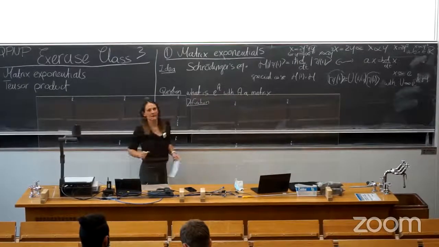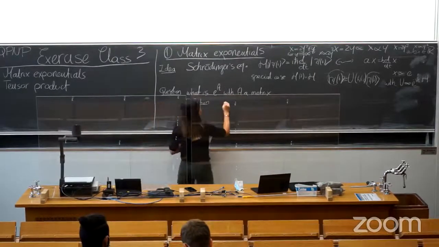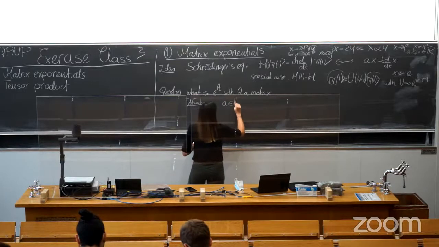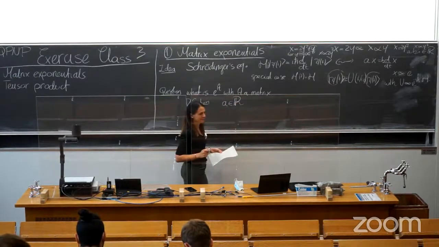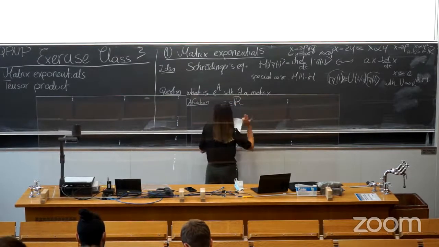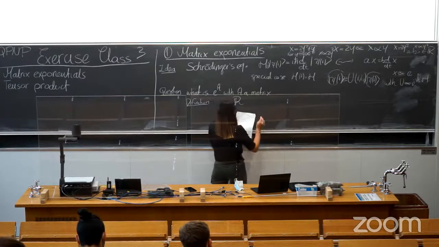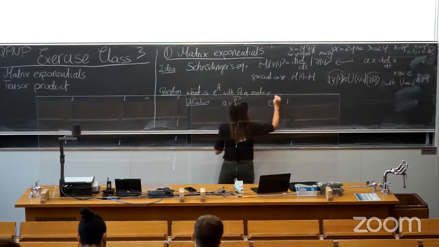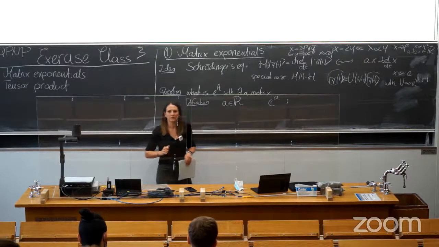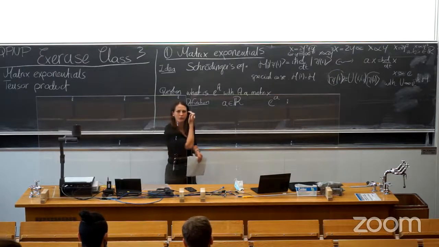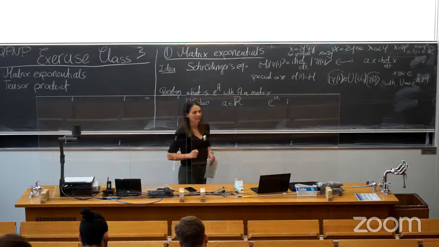Let's start easier. Suppose we have a number, a real number, or a complex number. Now let's make it a real. And what is e to the a? Does anyone know? There are multiple ways to write it.